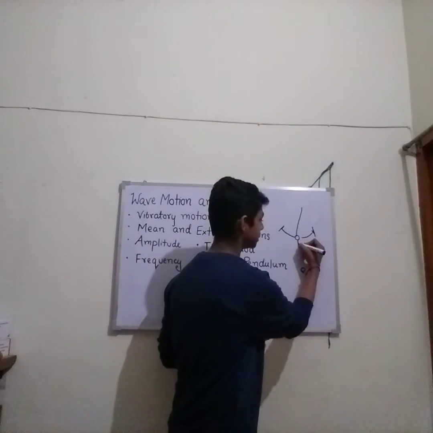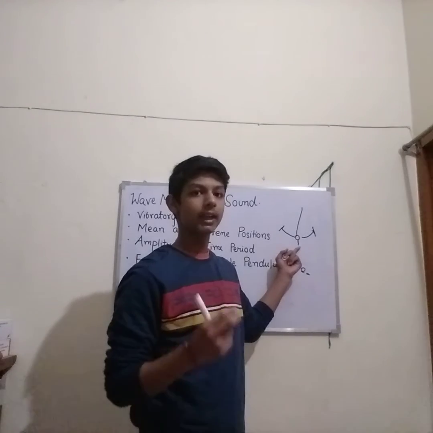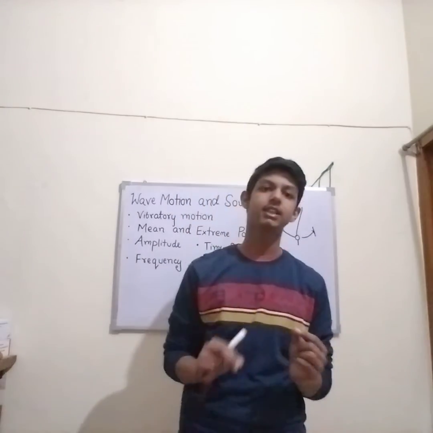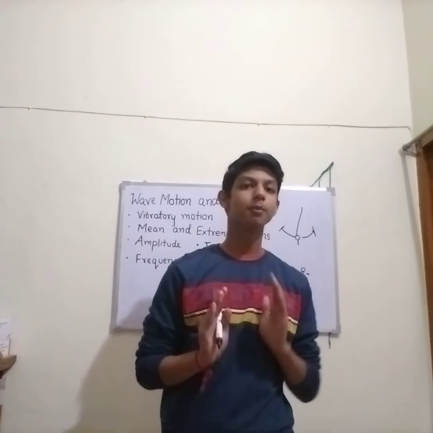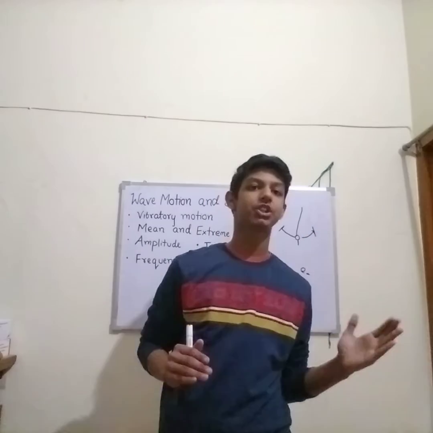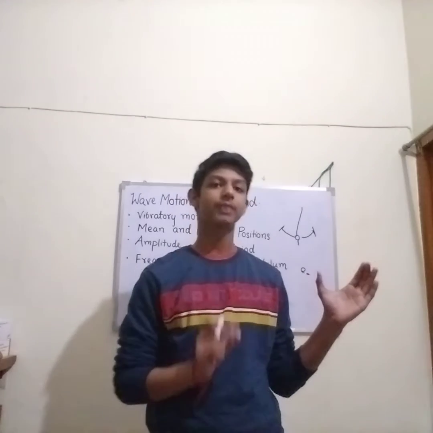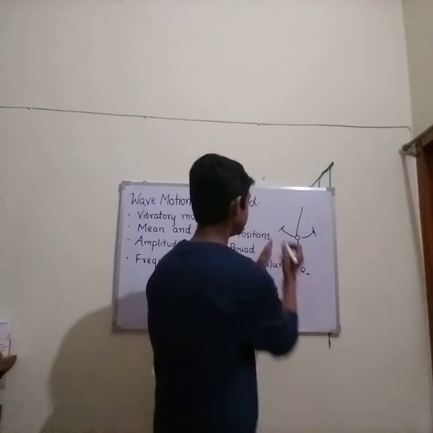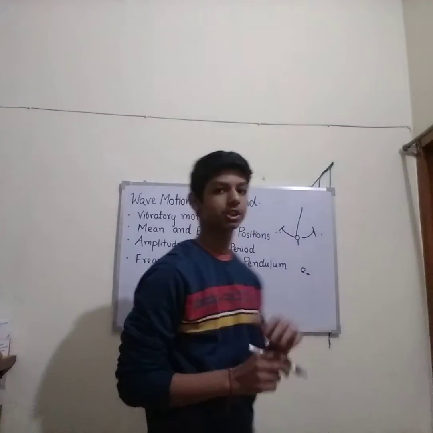So this is called the mean position. When the bob is suspended as it is, that position is called the mean position, and when the bob moves in either direction, the highest position achieved by the bob is the extreme position. These two are extreme positions and this is the mean position.